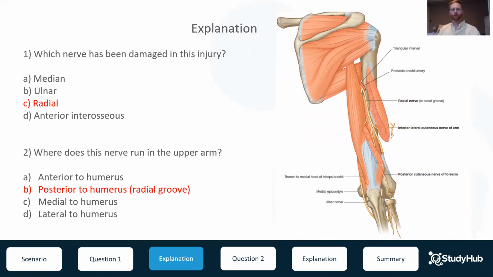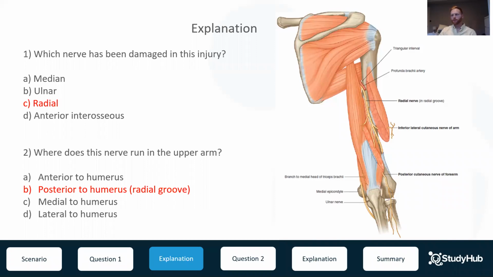Now, a lot of people think that nerves are not very vulnerable when you have a fracture, and they're usually quite good at not getting broken and damaged. But actually, because it does run posterior to it, it's at risk of getting damaged.